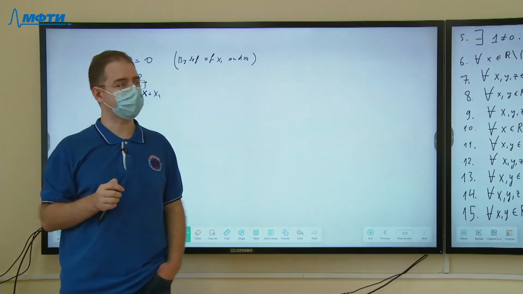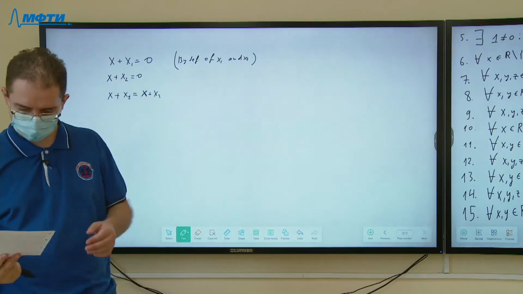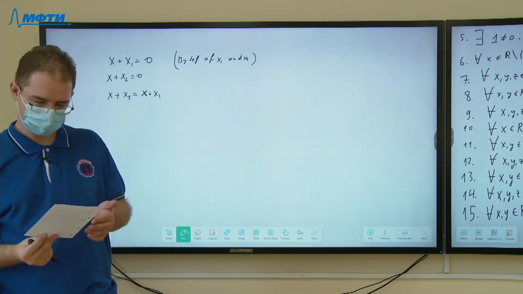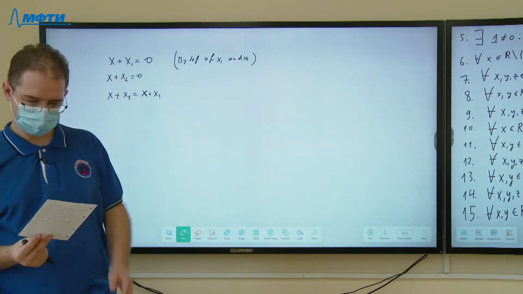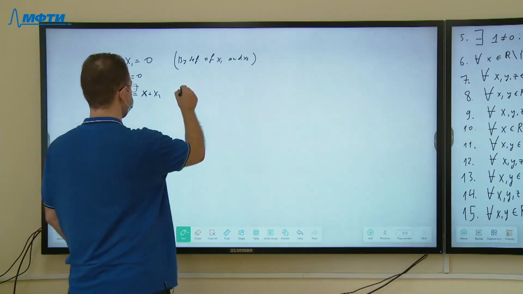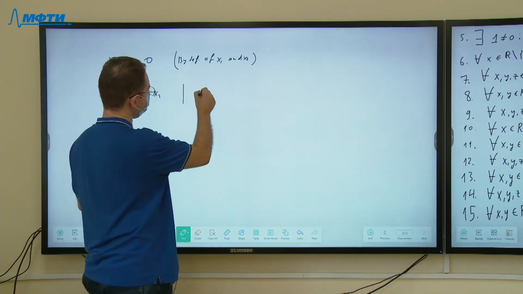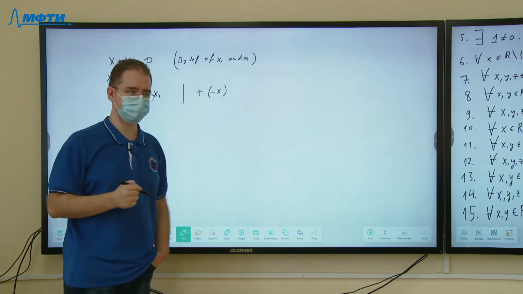So you're saying that you can use which axiom? Yes, you can just add minus x here.